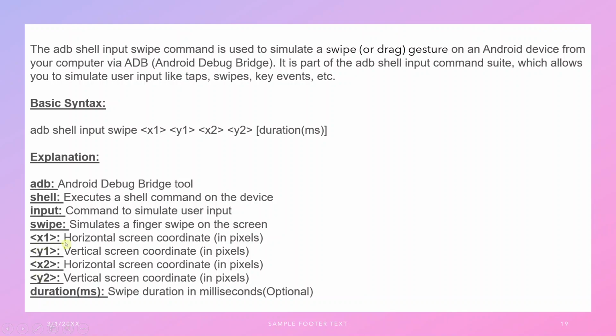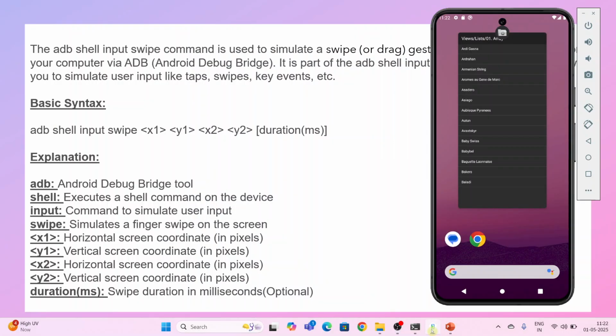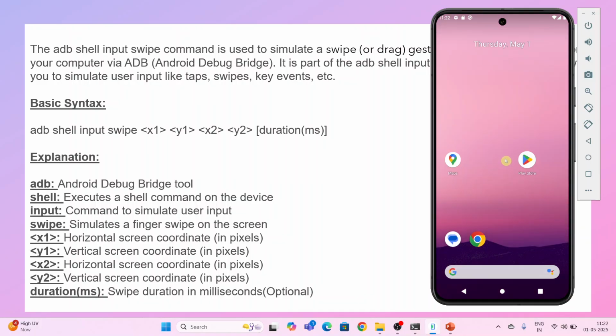x1 is the horizontal screen coordinate. As you know, the x coordinate represents the horizontal screen coordinate on our mobile device, and y is the vertical screen coordinate, which represents the y axis. I have opened a simulator here. On this mobile screen, the horizontal is represented by x and the vertical is represented by y.